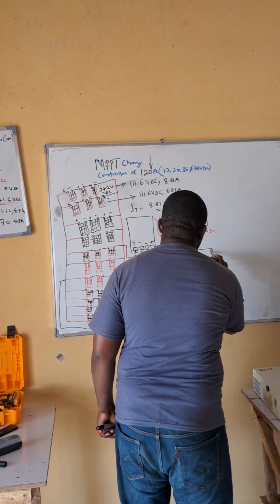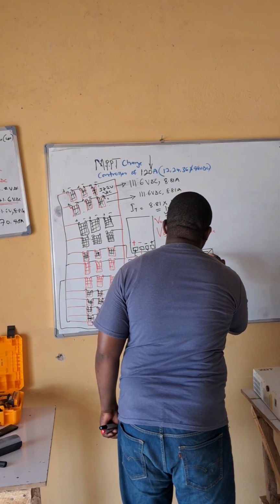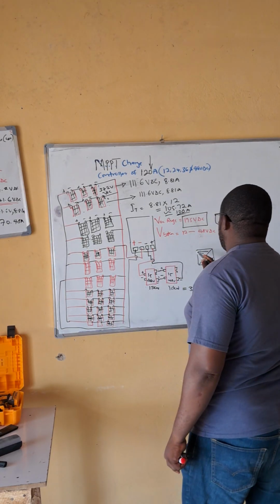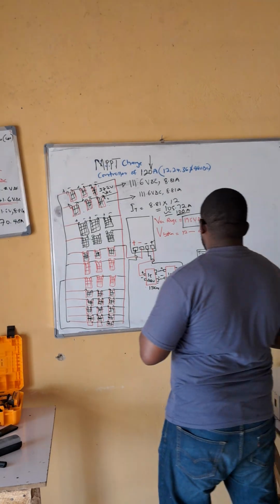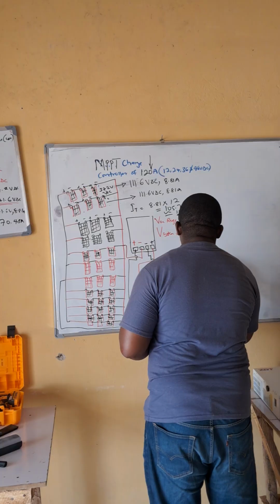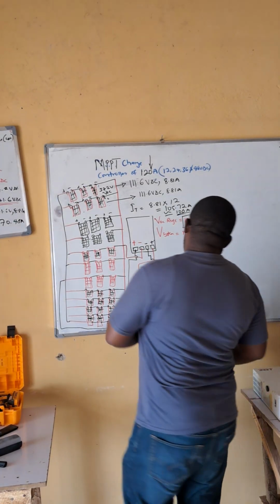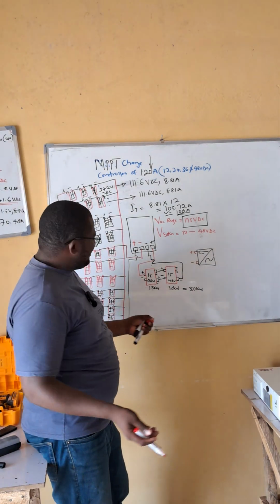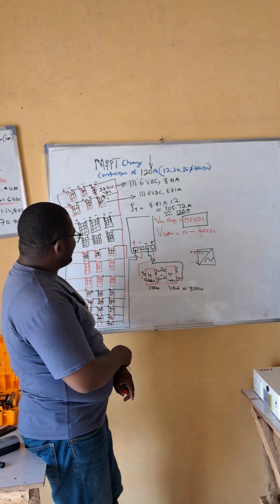Inverter. It has plus terminal and minus terminal. Plus and minus. So now, you can take it in anywhere. You can take it here, you can take it anywhere you want. Do you understand?